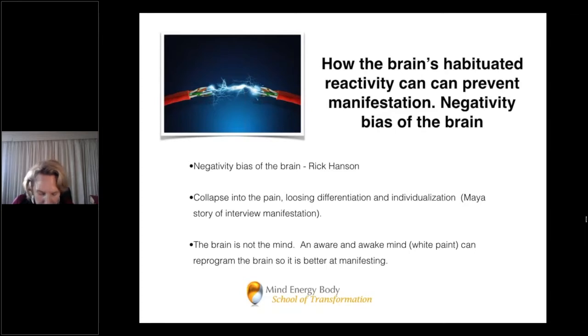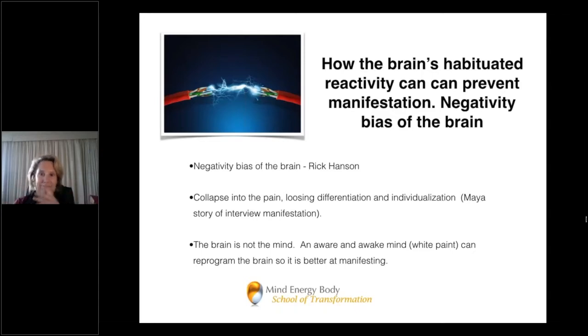However, Rick Hanson, who has written many wonderful books, Hardwiring Happiness is one of my favorite books, talks about the caveman brain. So we are born with a caveman brain that always wants to look at the negative, because that's how we survived. If we could see the attacking animal in the grass, we would survive.